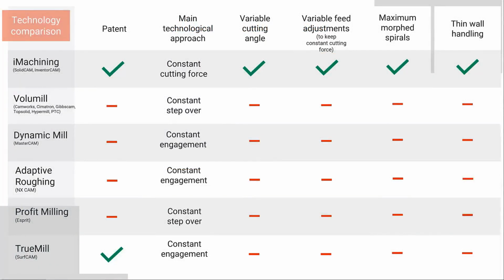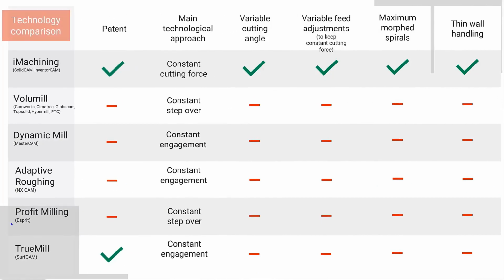As you can see in these charts, no one else supports the key factors necessary for force stabilization and supreme performance. Variable cutting angle range, feed modulation, morphed spiral motion control, managing thin wall conditions. These are all very, very important technologies.